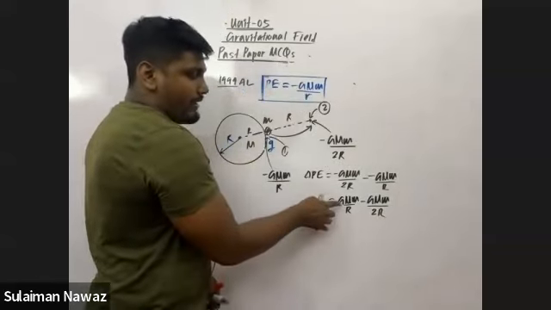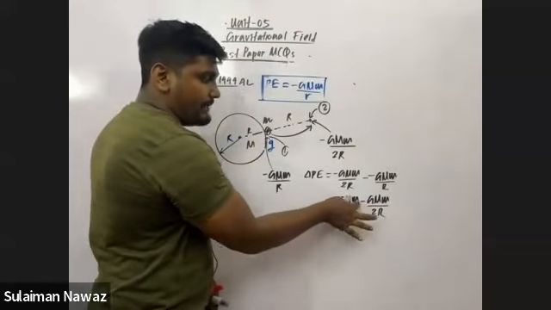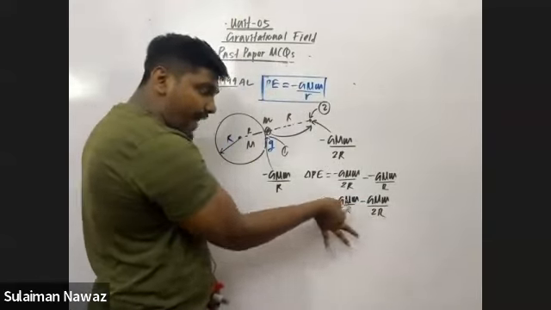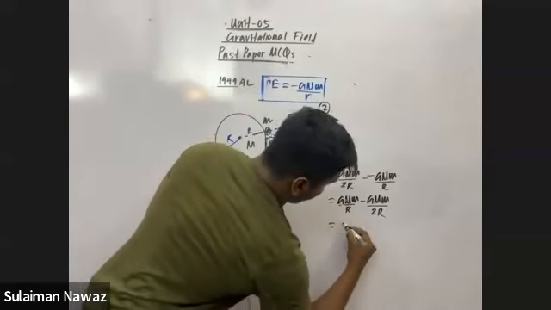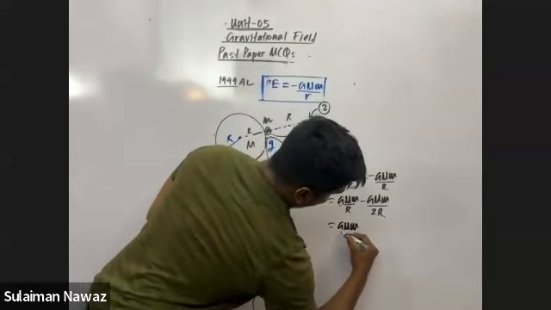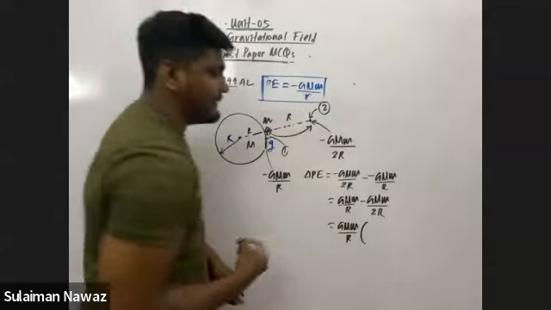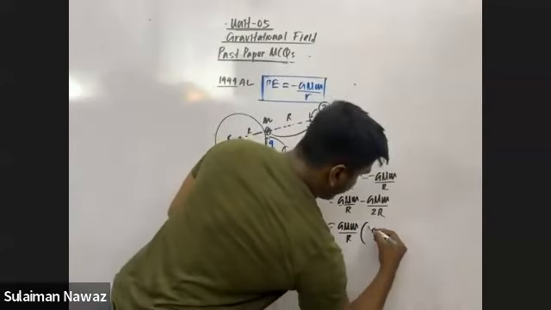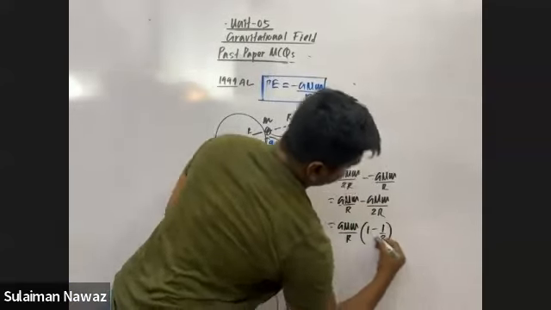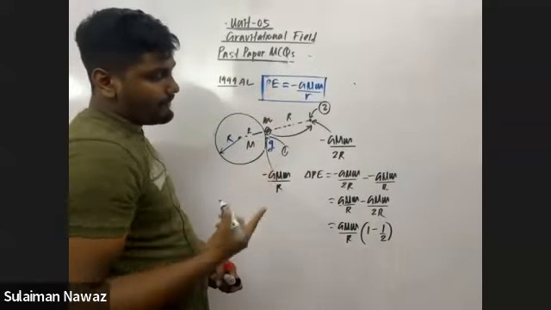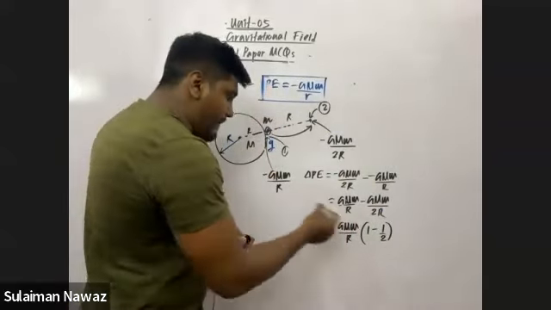Now you guys know what? Now we can take G capital M simple m over R as our common factor. If I take that as my common factor, I will get 1 minus half. What is G capital M?